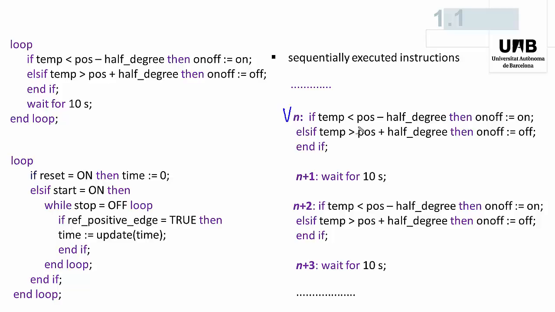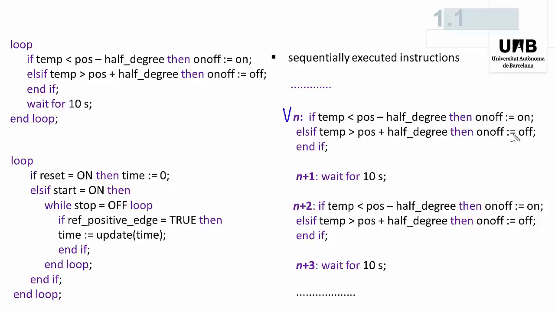If temperature is smaller than the position minus half a degree, then the output on-off must be equal to on. If it is greater, then on-off must be equal to off. This could be a first instruction executed at time n.